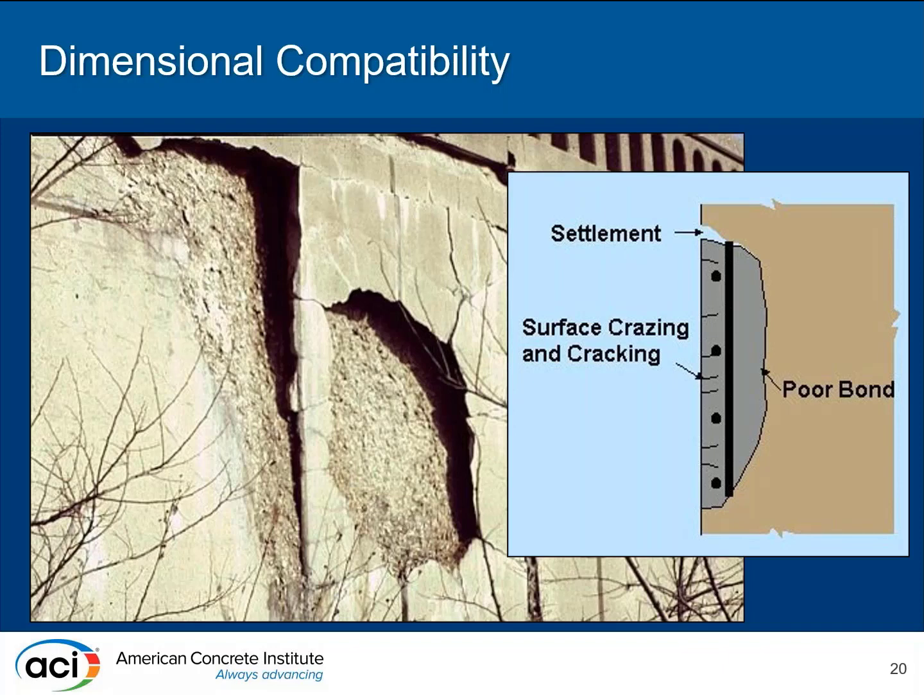They have different volume change, but not enough bond, a core bond, to overcome that. That's also leading to things like surface crack tracing and cracking, and other items that are not allowing the two parts of your structure, your repair material and your original material, to behave well together.